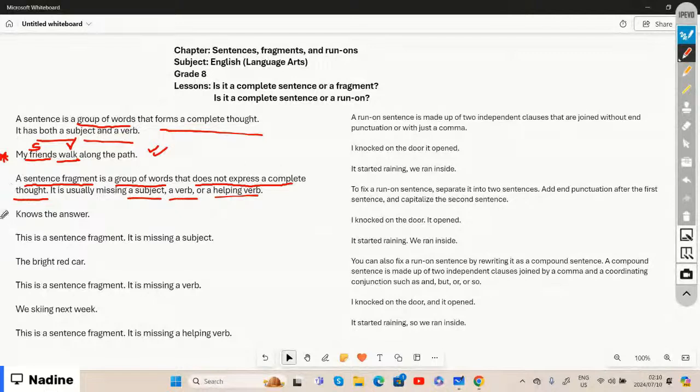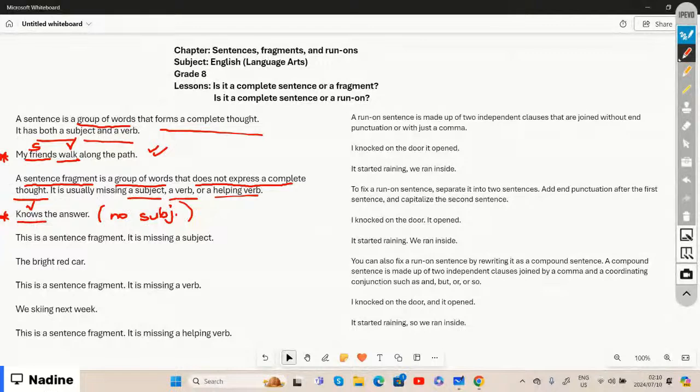If we look at examples, we can say, knows the answer. Knows is a verb, but as we can see, there is no subject. So there's no subject, but there's a verb. Knows the answer. But now the question is, who knows the answer?